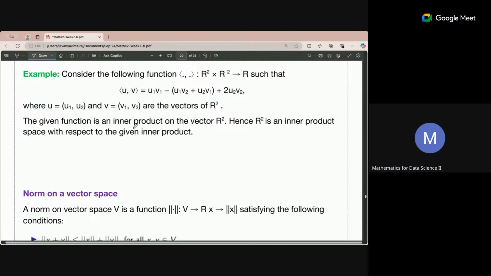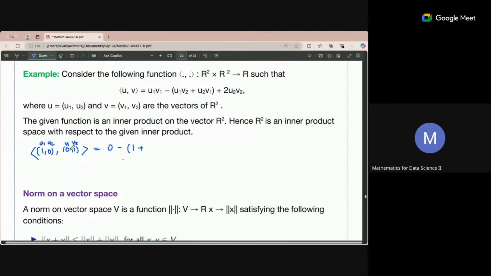So here, for example, what is the inner product of, maybe I'll write (1, 0) and (0, 1), according to this definition? So this is u1, this is u2, v1, v2. So according to this definition, what is the inner product? u1 v1 is 0. u1 v2 is 1.